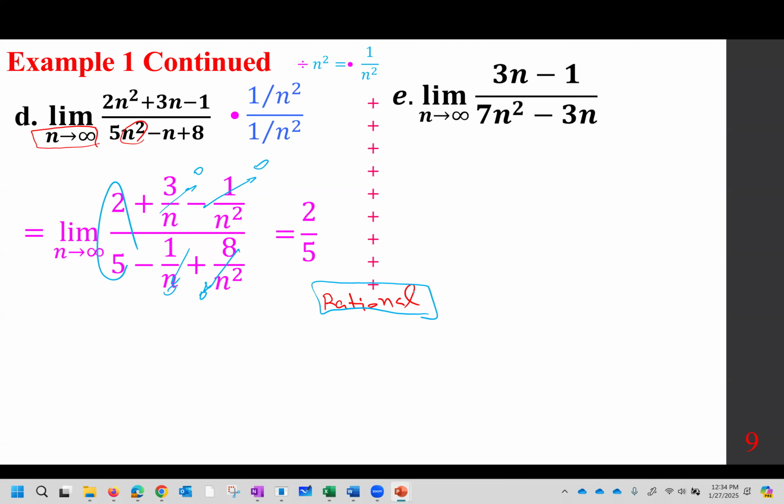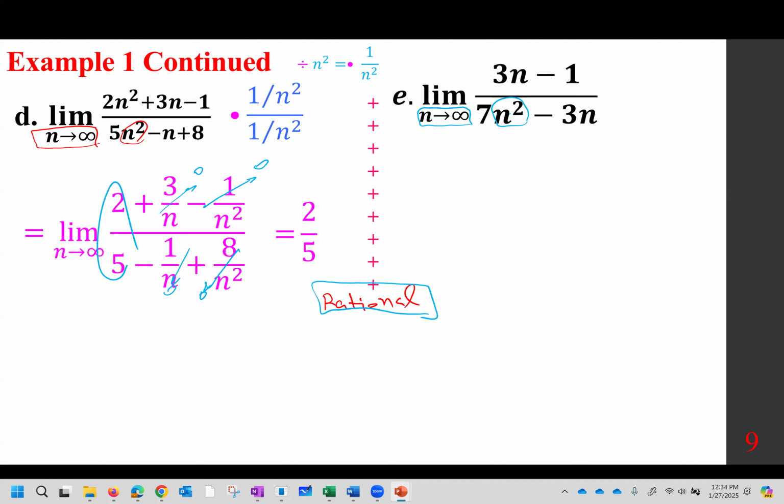So this question is exactly the same thing. You're dealing with a rational function. By the way, even if n approaches negative infinity, which we don't do for this course for sequences, it's the same technique. You divide by the highest degree term in the denominator, namely n squared.